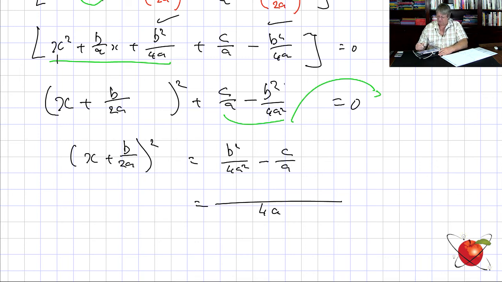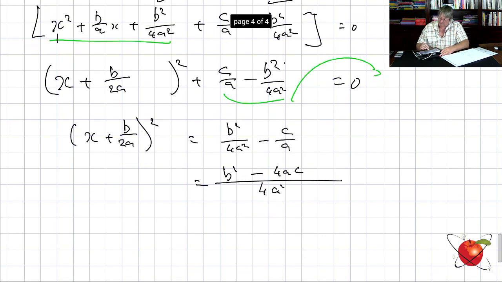My bad, I forgot to do that. So that's going to be 4a squared. That goes into there once, leaving us with b squared minus a goes into there 4ac.